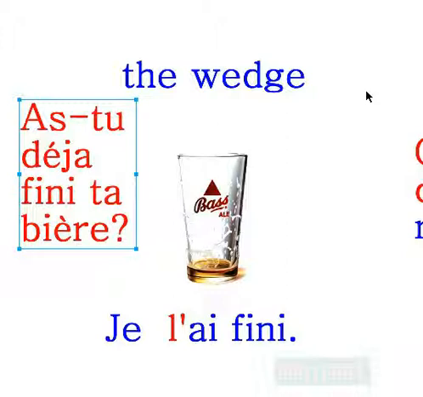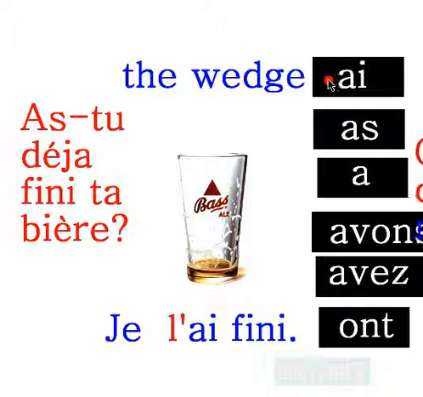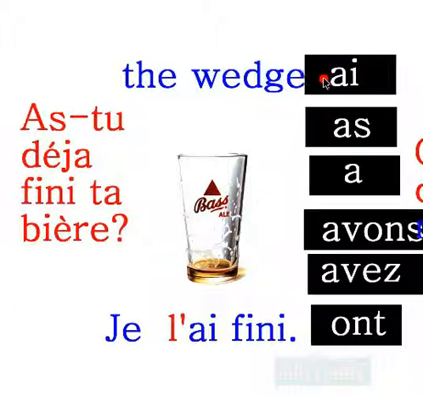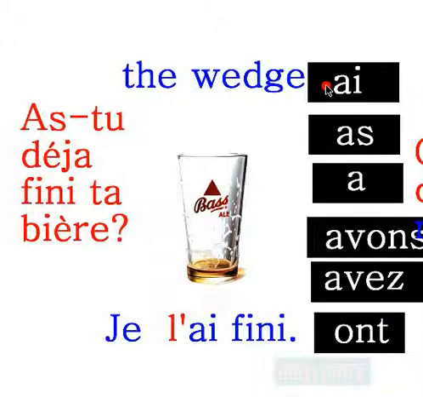Okay, every time we use the past tense with the verb avoir, we're going to have a helping verb that starts with a vowel: ai, a, avons, avez, ont. And if we're using on as our pronoun, then that's going to be a.